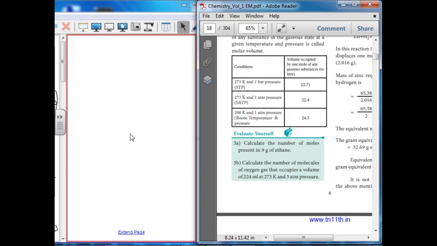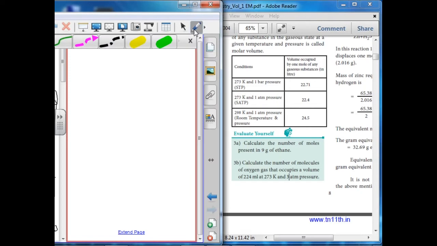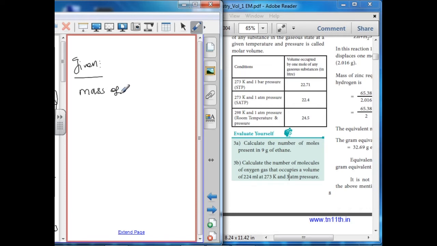This is the question. First, we have to write what is given in the problem. So, only the mass of methane is given: 9 gram.